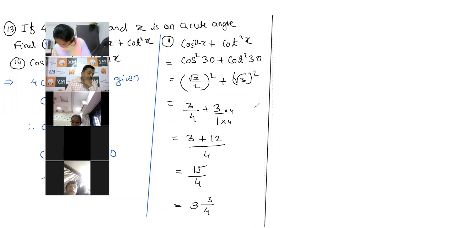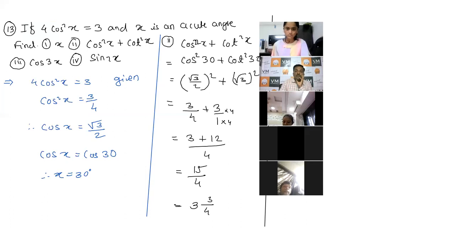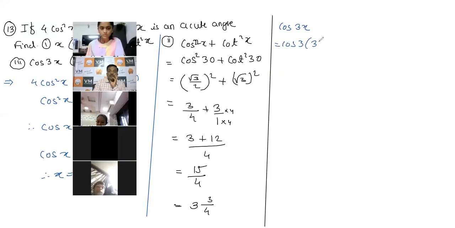And the next one is cos 3x. Cos 3x is equal to cos of 3 times the value of x. The value of x is 30, so cos 90 degree. Cos 90 is equal to 0, correct?